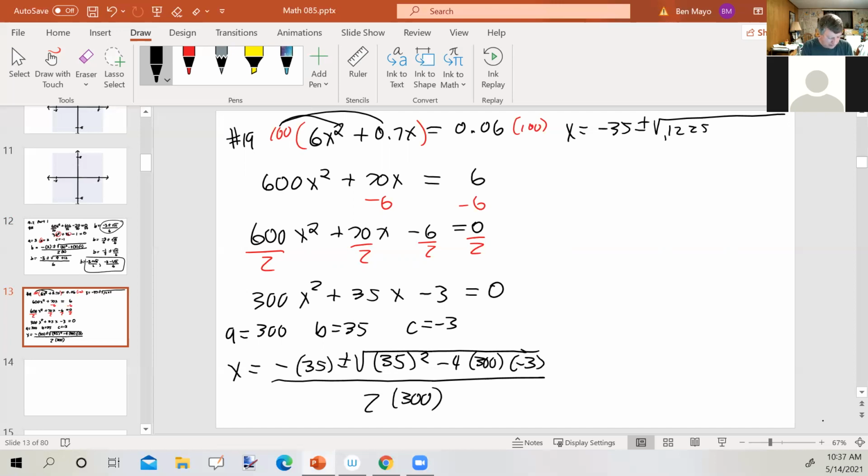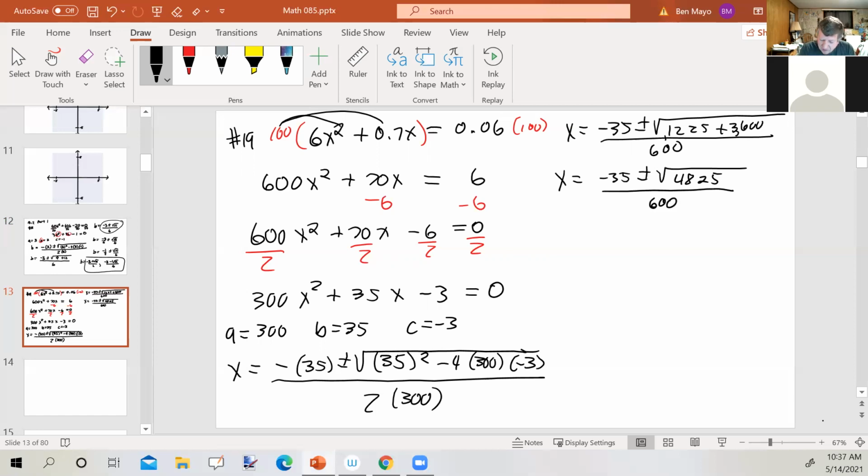So we're going to have what? 4 times 300 times 3 is going to be a positive 3600. And that's all over 600. So then x equals -35 plus or minus the square root of, let's see, 3600 plus 1225 is 4825, and that's all over 600.